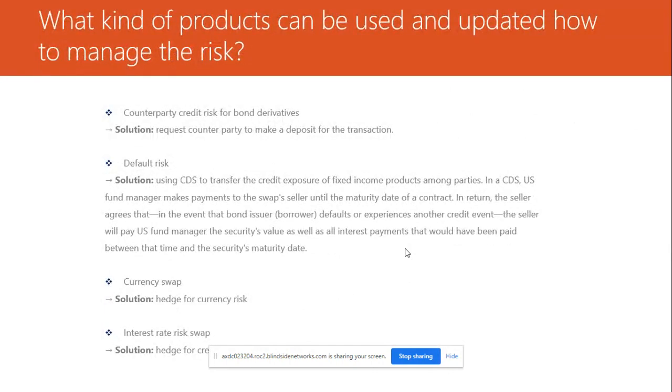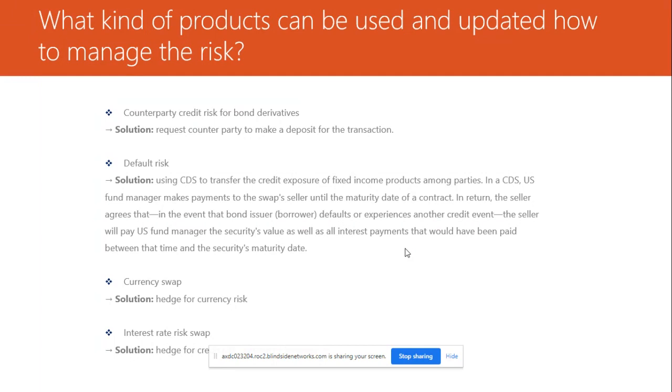And what kind of products can be used to manage this kind of risk? So when you are trading in the OTC market, there is a counterparty risk to be aware of, especially the counterparty risk for the bond derivative. So you can reduce this risk by requesting the counterparty to make a deposit for the transactions.